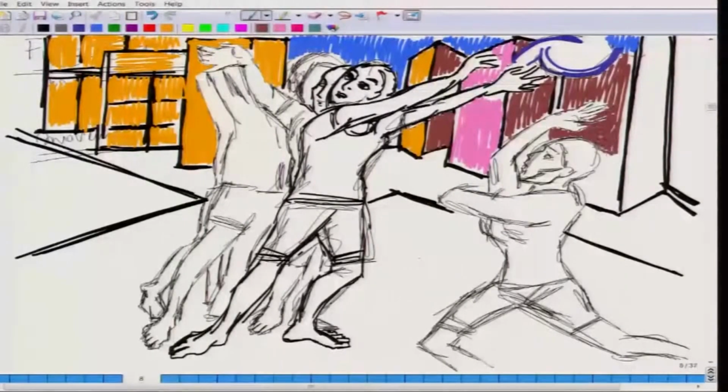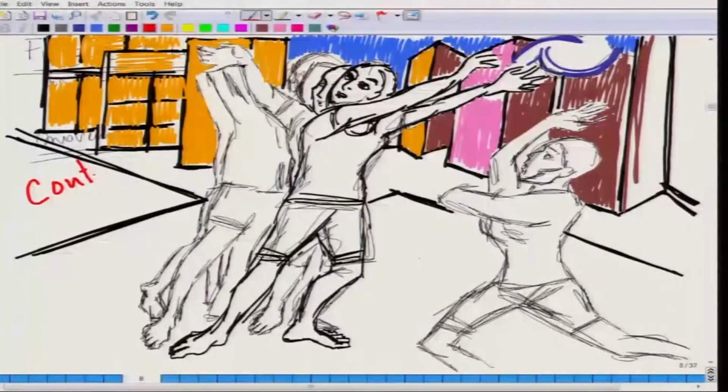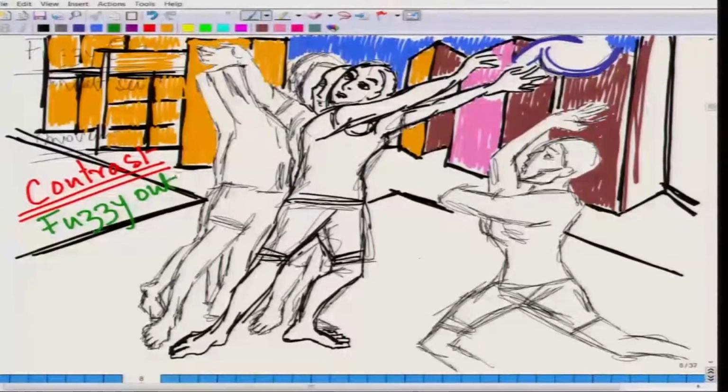So, let us observe what we have done here. One is we have created a contrast of a very fuzzy outline in the foreground, like this, the fuzzy outlines in the foreground and steady outlines at the background.